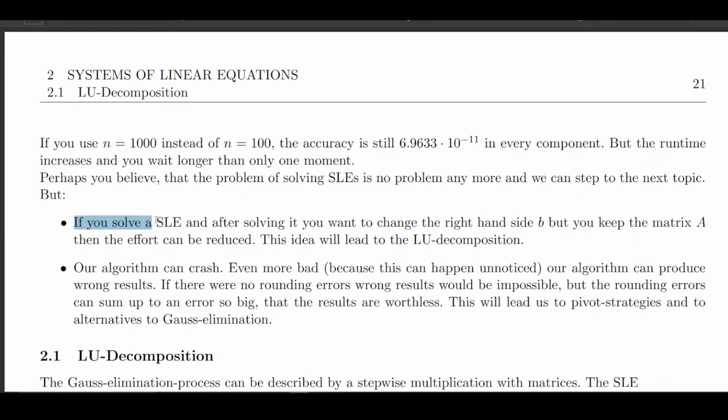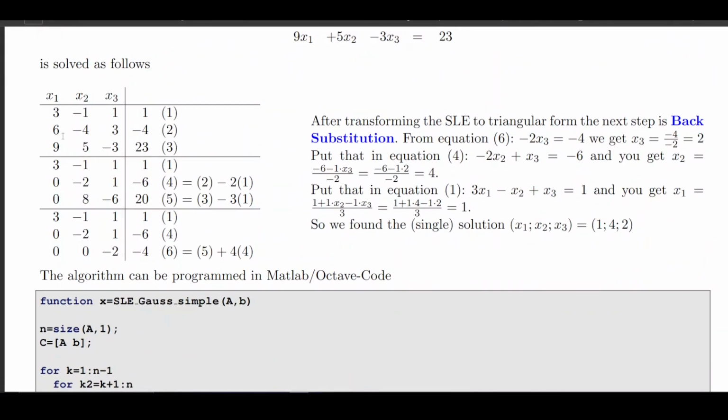So let's motivate that chapter, LU decomposition. If you only exchange the right hand side but keep the matrix A, what does that mean? That means you keep 3, minus 1, 1, 6, minus 4, 3, 9, 5, minus 3, but you exchange the numbers 1, minus 4, 23 by some other numbers. Then all the calculations on the left hand side keep exactly the same. The operations, what's going on here, is not influenced by the right hand side.